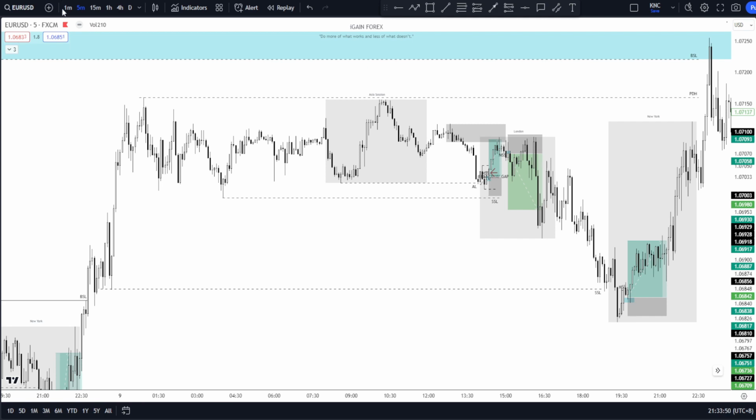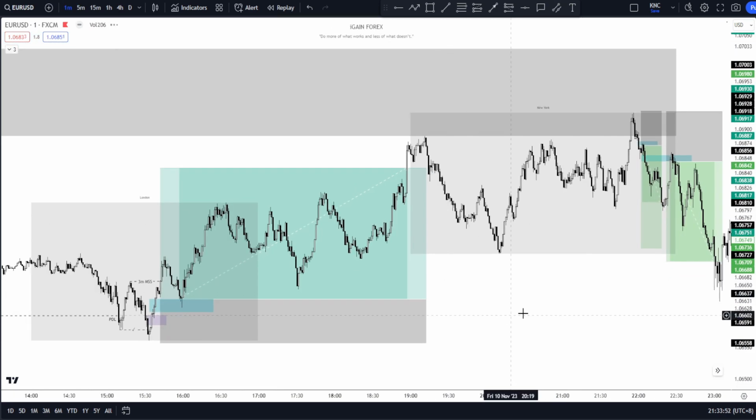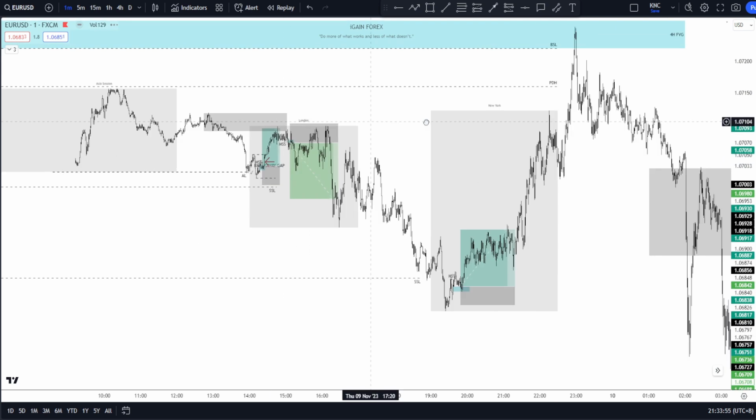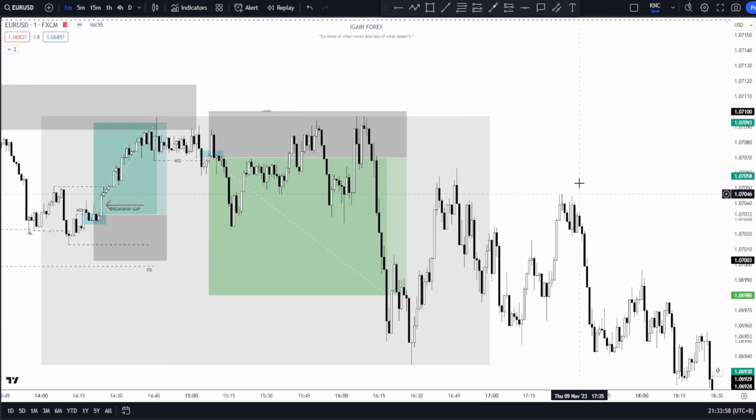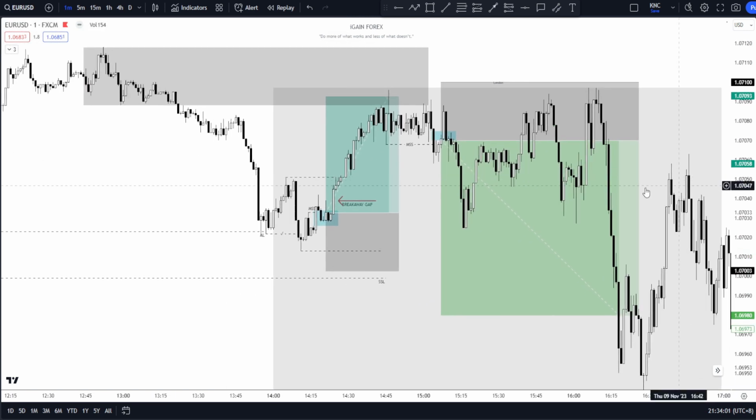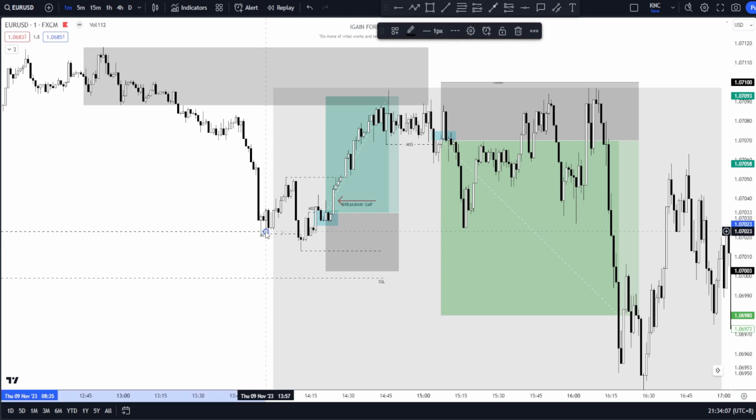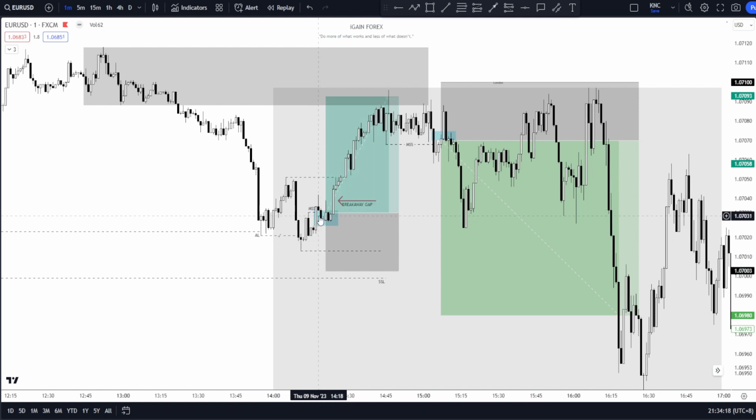Here, as we can see, when the price taps this Asia low and we've made another sweep inside the London kill zone, an internal market structure shift happens, and then an FVG here. The price was consolidating, with slight accumulation around this FVG.